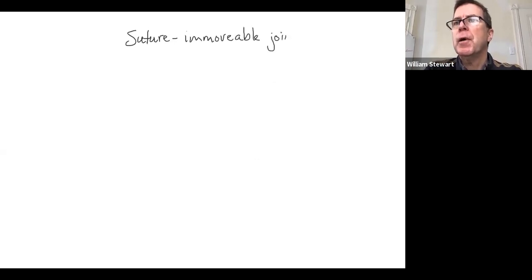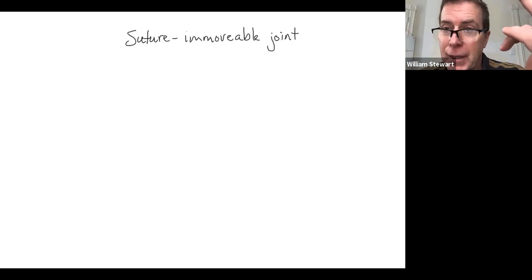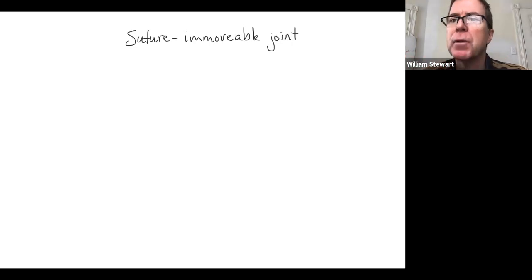So it's where two bones literally look like they fuse together. Sometimes they fuse so early, either before birth or just after birth or when we are so young, that we really can't see that joint anymore.